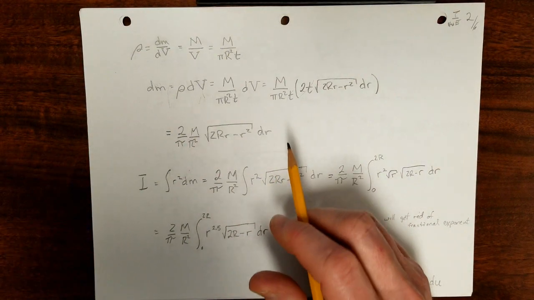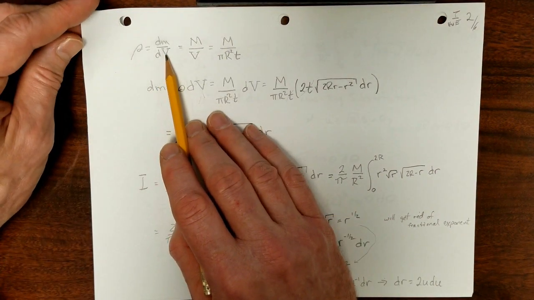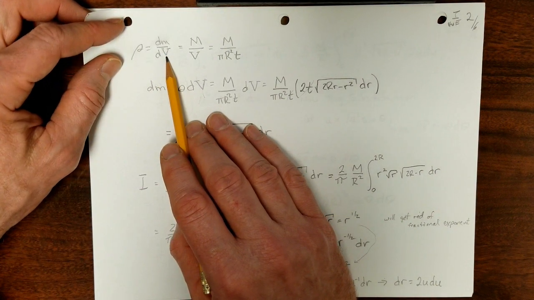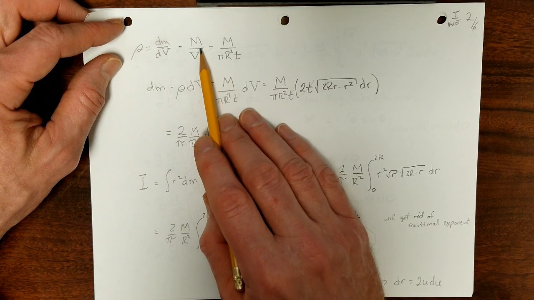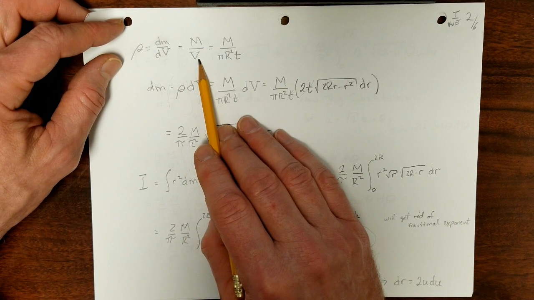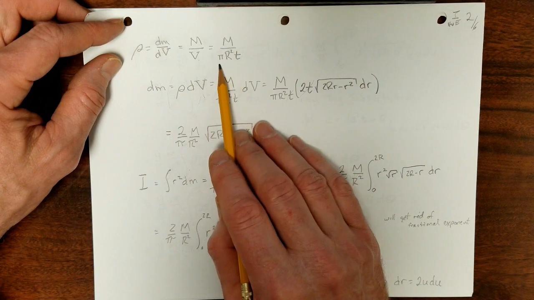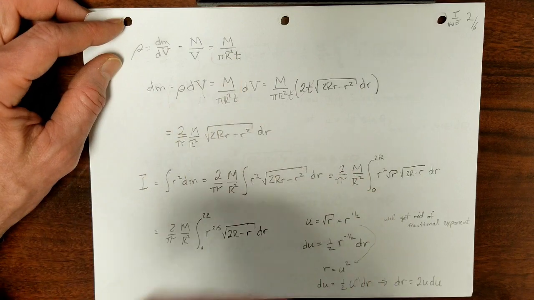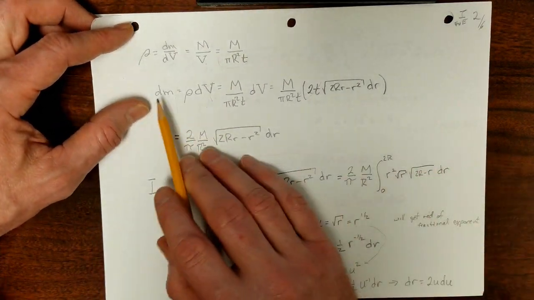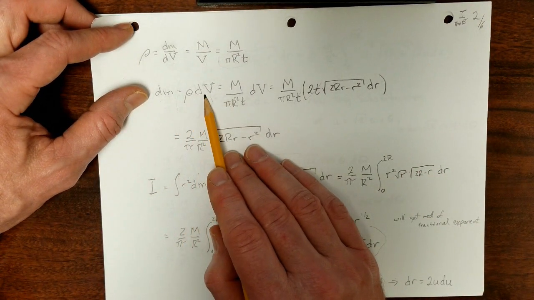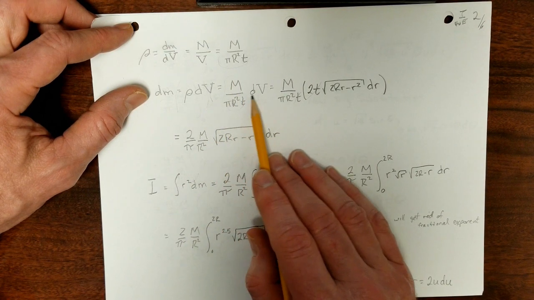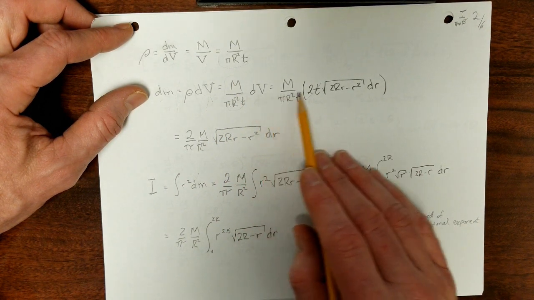If I assume uniform density, rho is dm/dv, where v is the volume, so that's big M over the total volume, which is M over pi r squared t. That's the volume of the disk, and that capital M is the mass as written on the previous page. So my little dm is equal to rho dv, which is my density times dv.